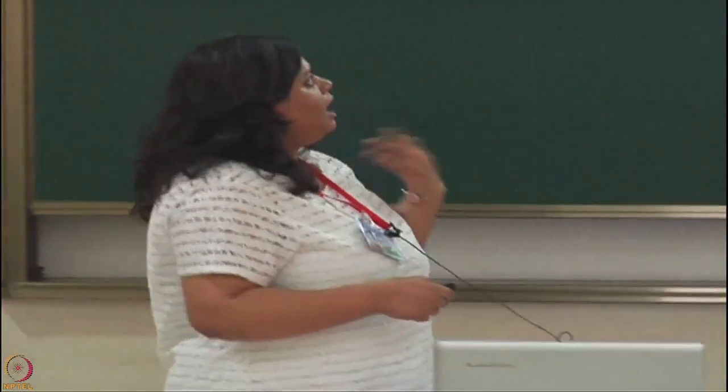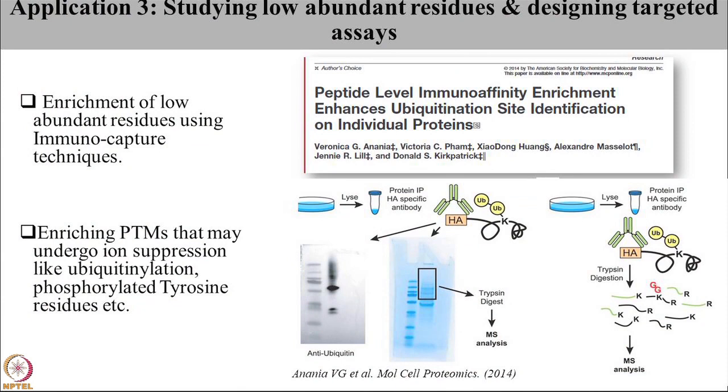Application 3 I spoke about is how to study low abundant residues using IP-MS. Again, taking one of the case studies, we can enrich our samples in the residue that we are interested in. Just the way a phosphoproteomic study can be done using TiO2. But you would be aware that the TiO2 technique only enriches serine and threonine.